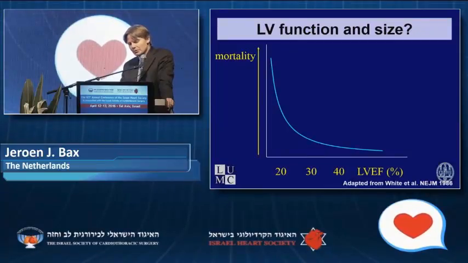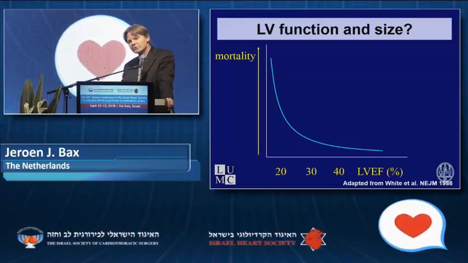One thing that we know, this is the work from Harvey White many years ago, 86, where you see very clearly once ejection fraction goes down, mortality goes up steeply. When you present this sort of slide sometimes, people say, that was so many years ago. Now we have all these drugs, and with all these drugs we can really help these patients.